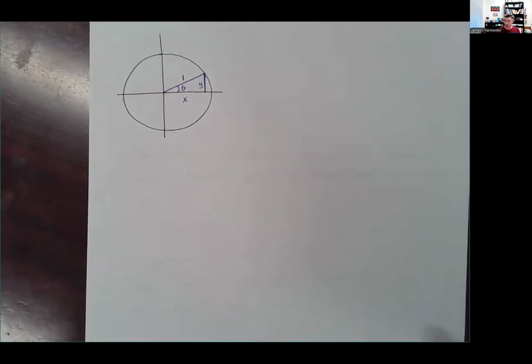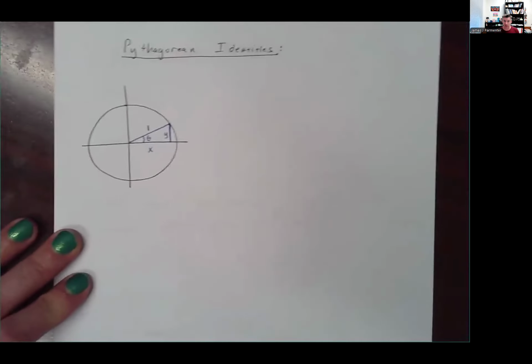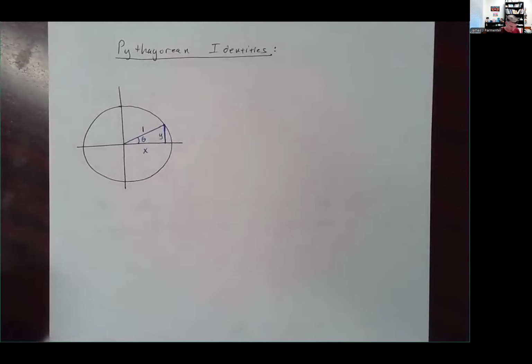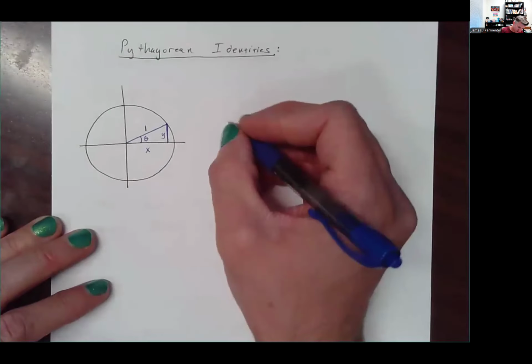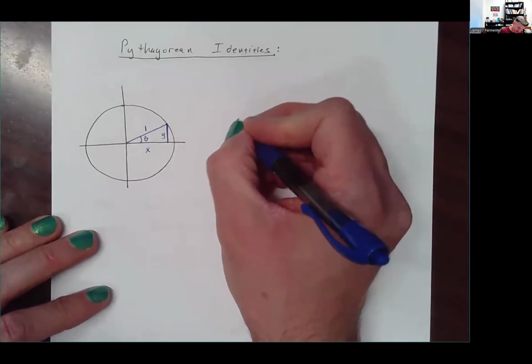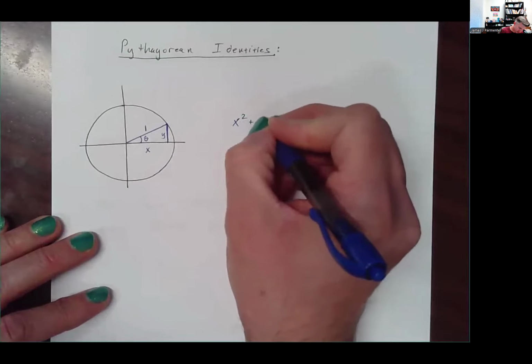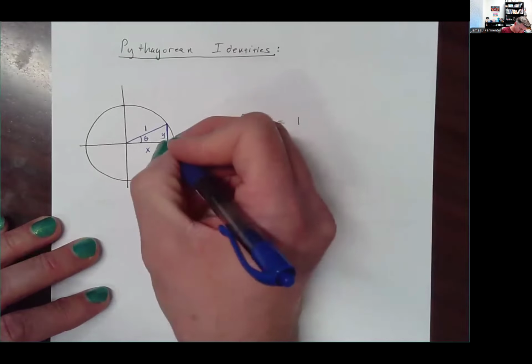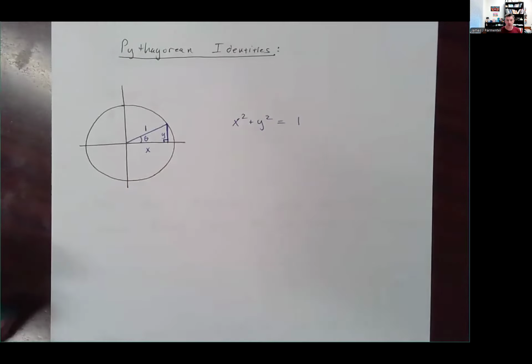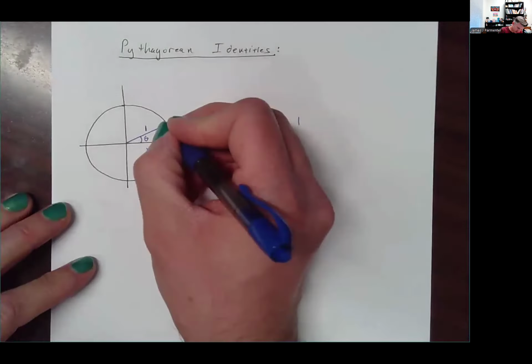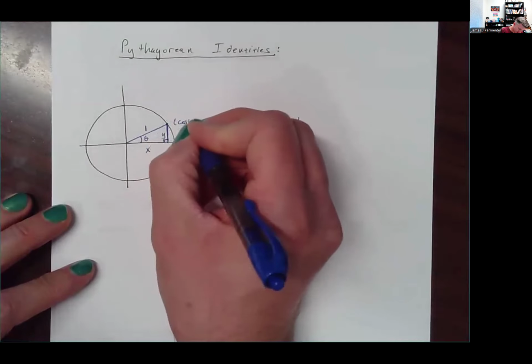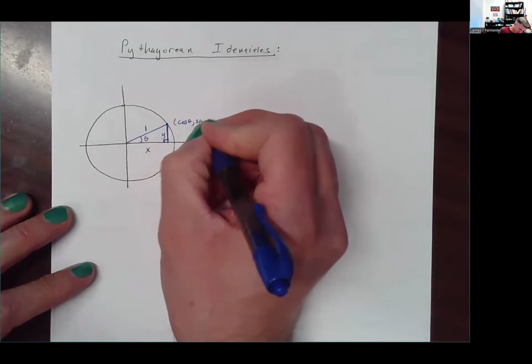Then we have the Pythagorean identities, which have to do with the Pythagorean theorem. So I'll point out in this triangle, the Pythagorean theorem says that x squared plus y squared is equal to 1 squared, but 1 squared is just 1. But I'll remind you, we just said that the x coordinate was the same as cosine theta, and the y coordinate was the same as sine theta.